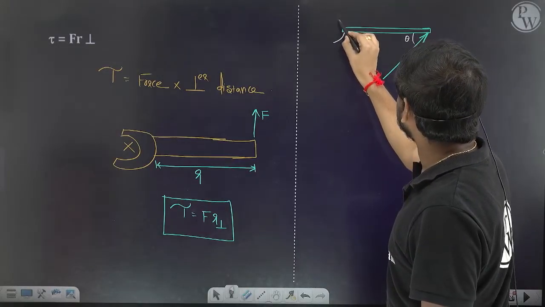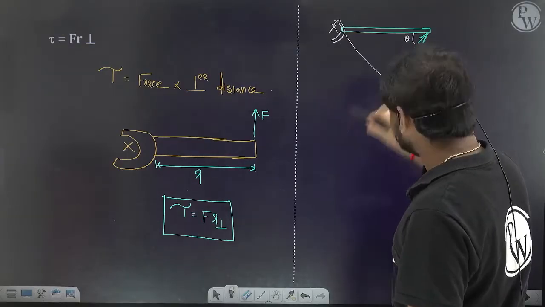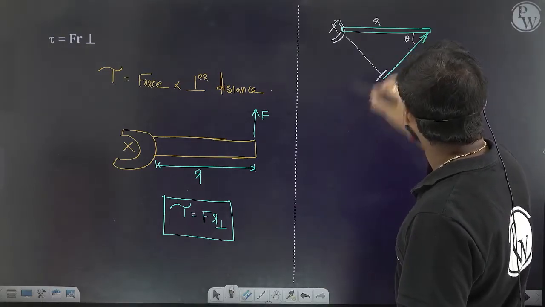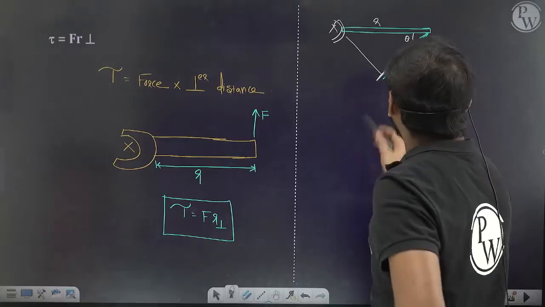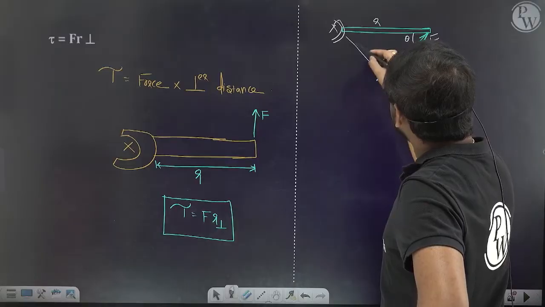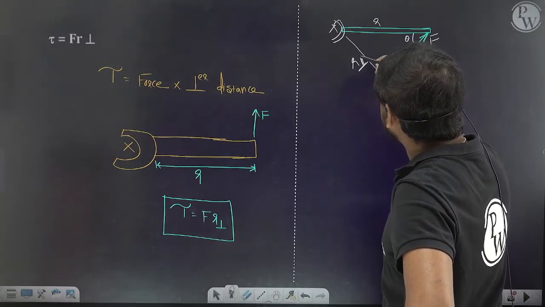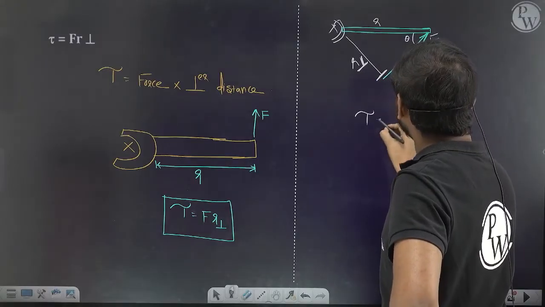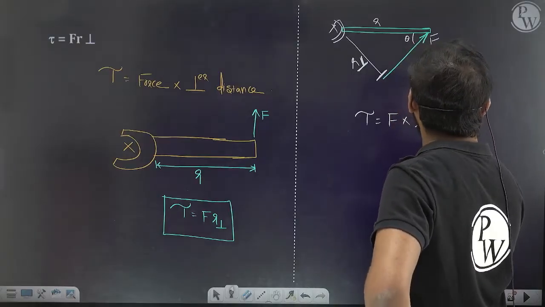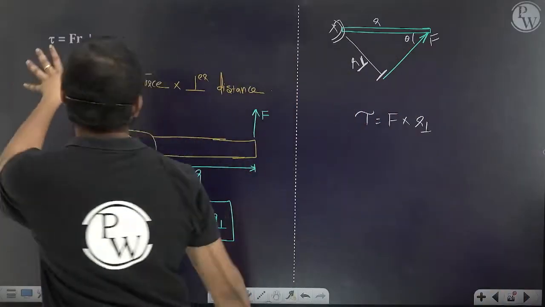Suppose this is the distance r and this is the force F. Then this component will be the perpendicular distance. So the torque is equal to force into its perpendicular distance. Understood? This is the first formula for the torque.